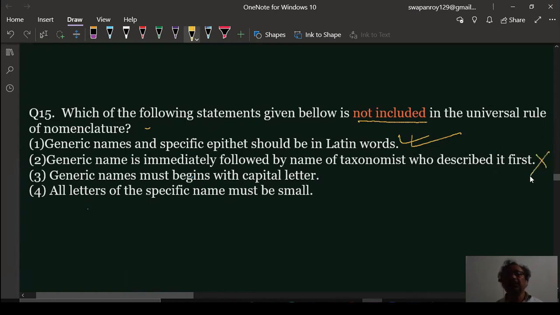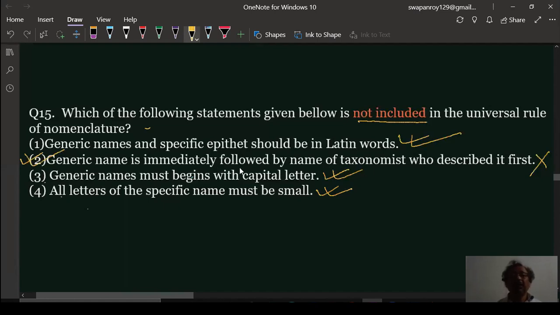This one is wrong. Number 3, generic name must begin with capital letter. This is true. All letters in the specific name must be small. This is also true. Only the wrong statement is option number 2. So this is our answer.